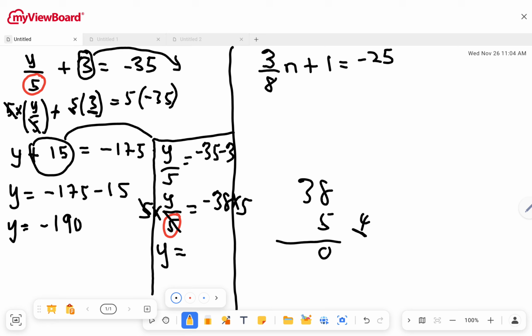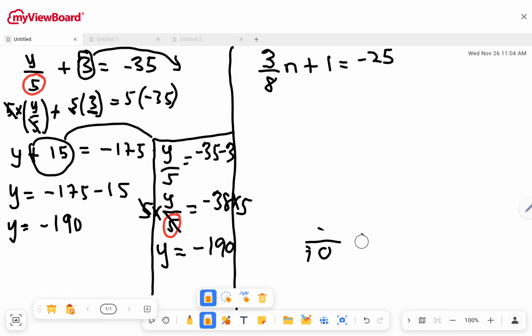So remainder 4. 5 times 3 is 15 plus the 4 is going to give us 19. So we have negative 190. So you can see that though we used different procedures or steps or methods, we ended up getting the same answer. So that means each of the methods works, provided you are doing the steps very well or correctly.